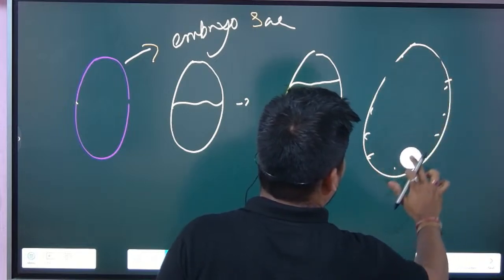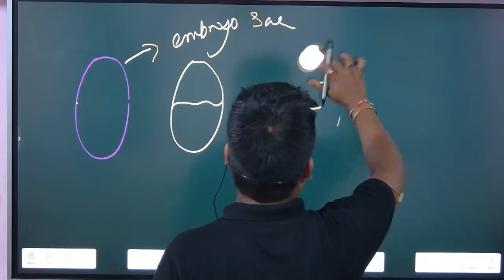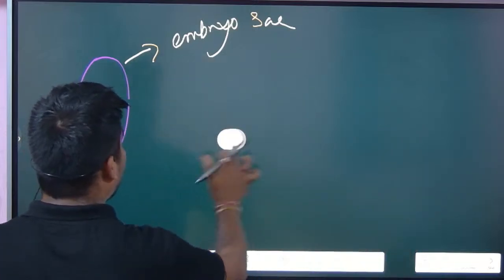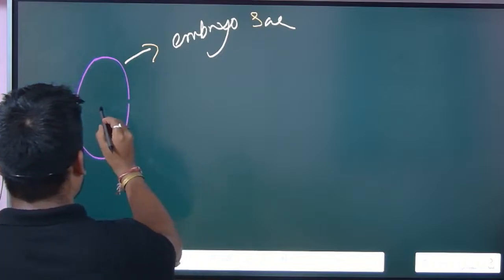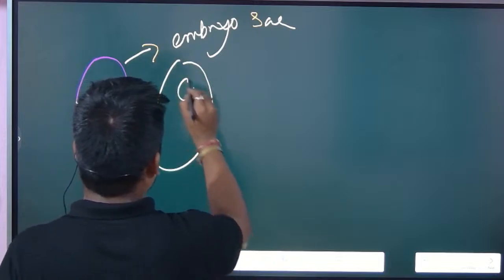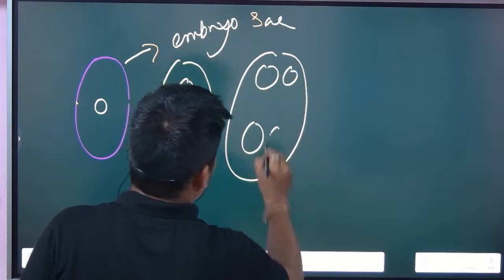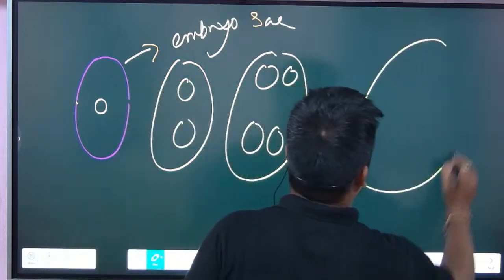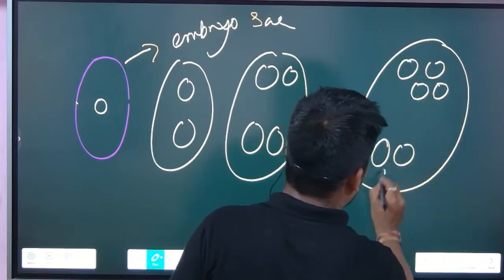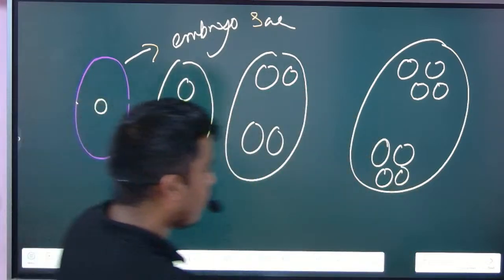It is still one cell, as there is only one cell membrane. You can better say nucleus. First there is one nucleus, then 2 nuclei, then 4 nuclei, then 8 nuclei, 4 there and 4 here. So it is an 8-nucleate cell, meaning there are 8 nuclei.